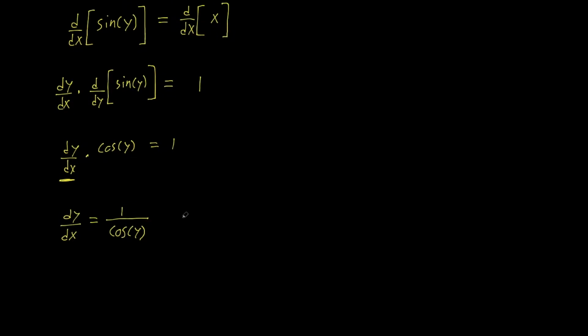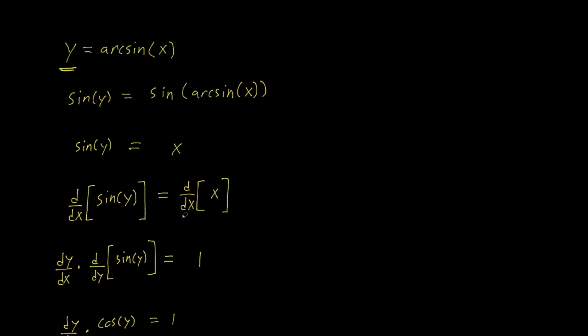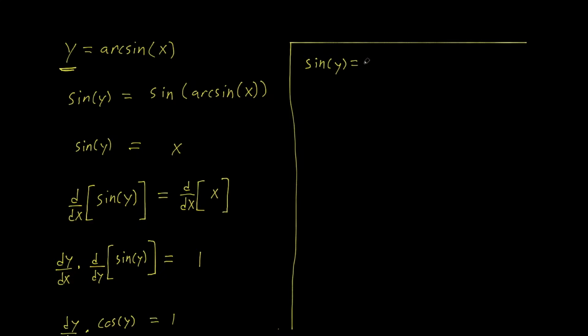So in order to do that, we can actually go up here and make ourselves a little side area and say, okay, sine of y equals x, using this line right here.